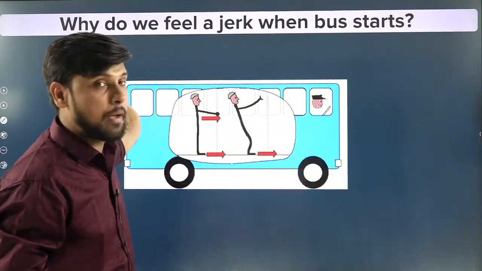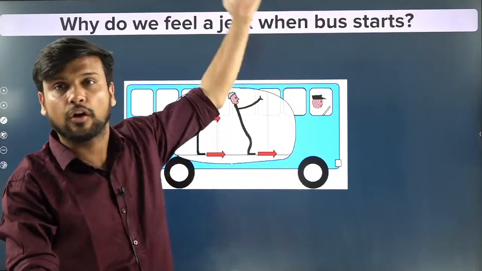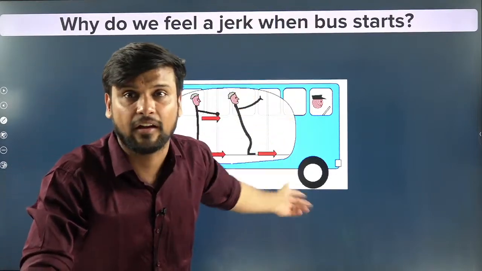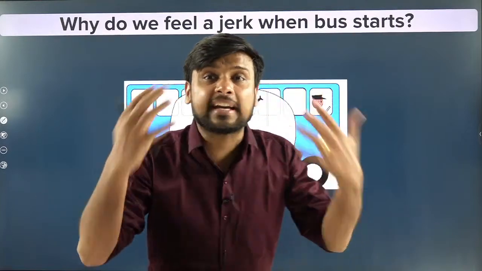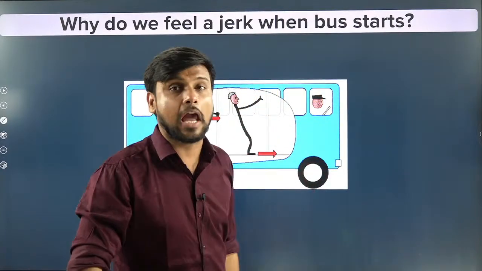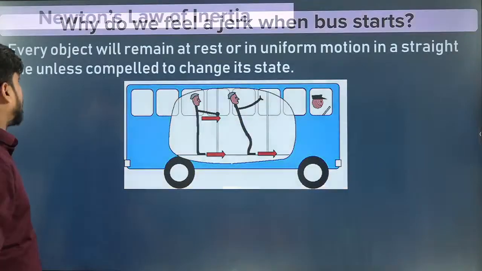No, it has been happening from the starting of the universe. But Newton was the first person who gave the reason, or the way, to explain these things happening around us. So let's understand what this is.